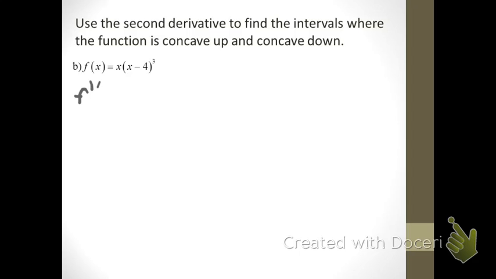Great, so you should have found that the first derivative is x minus 4 squared times 4x minus 4.